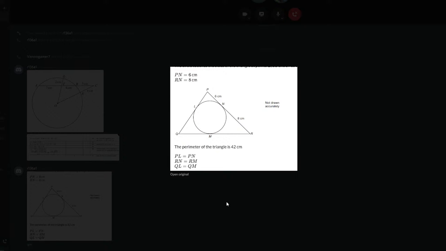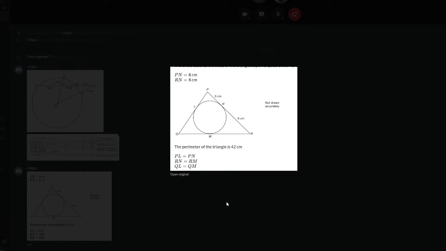So you can write 2 root 33 squared plus x squared equals x plus 6 squared, so it's the square root of x plus 6 squared minus x squared. That's x squared plus 12x plus 6.